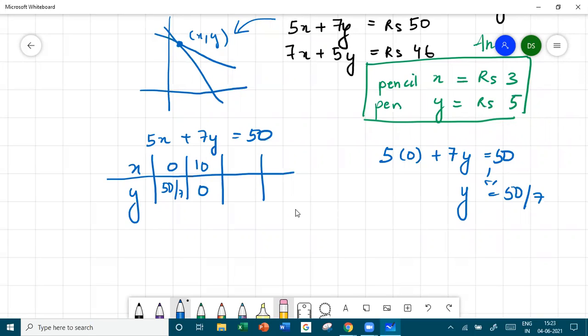You can take suitable values, which you can divide, or preferably values that give integers. Because 50 by 7 gets difficult to plot on the graph, so you can take values which are integer type.